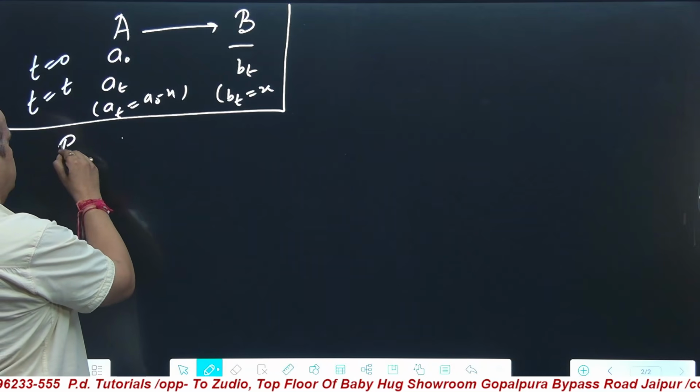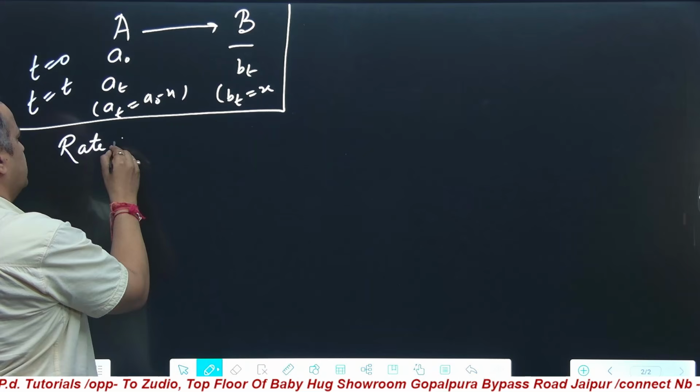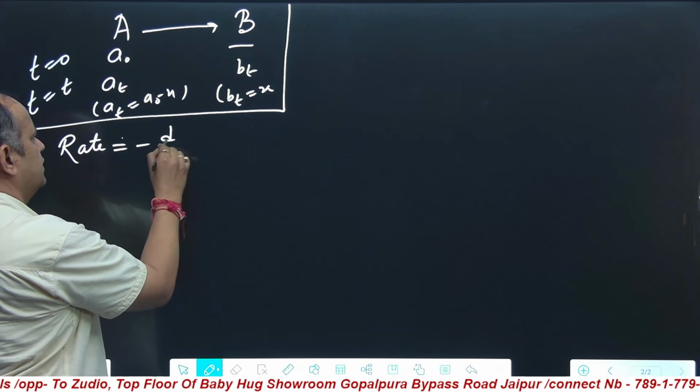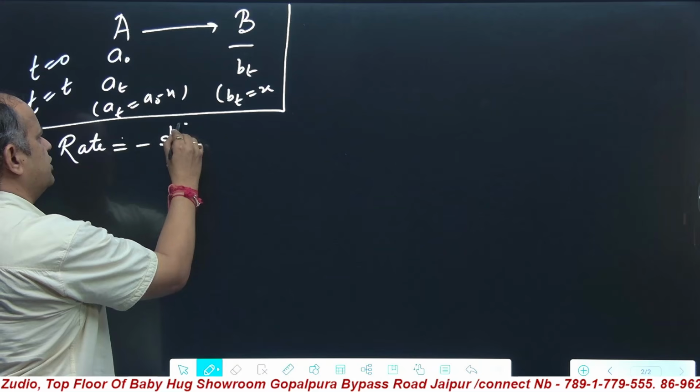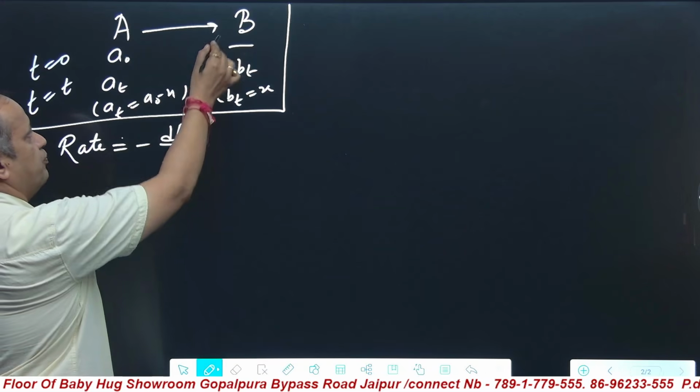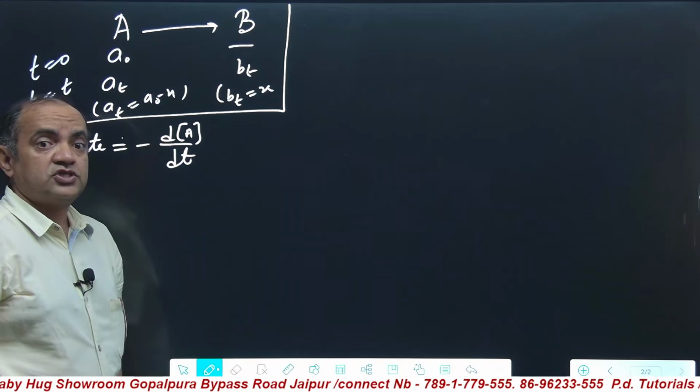What is rate? Rate equals minus d by dt of A or plus d by dt of B. We studied this in earlier classes.